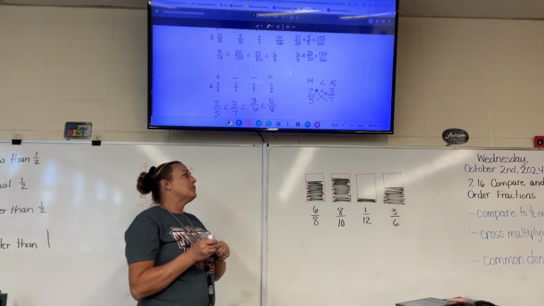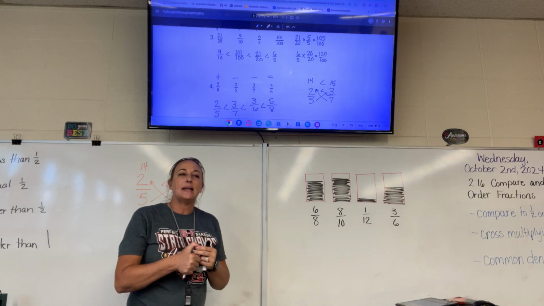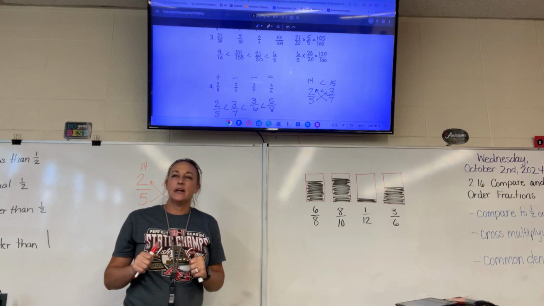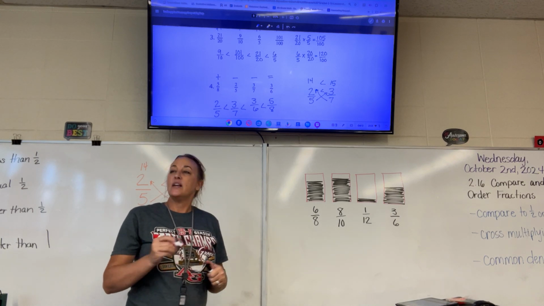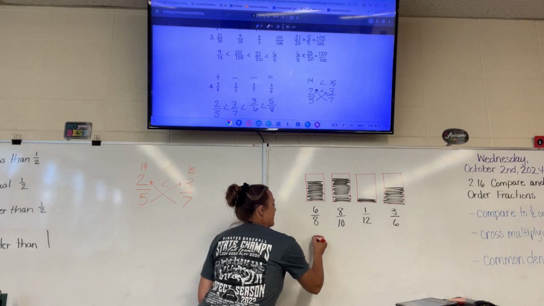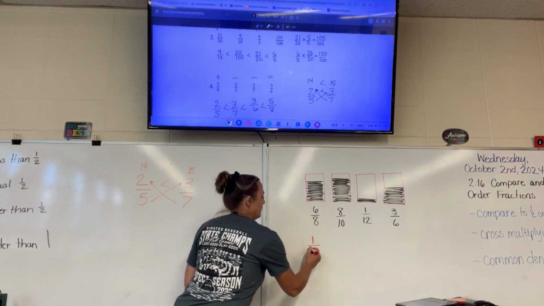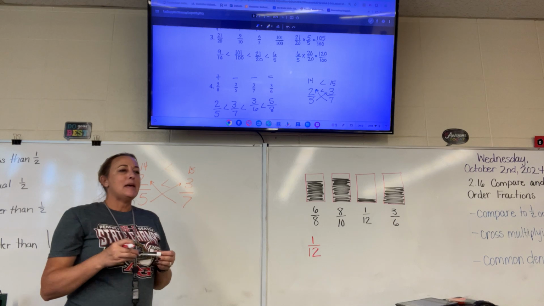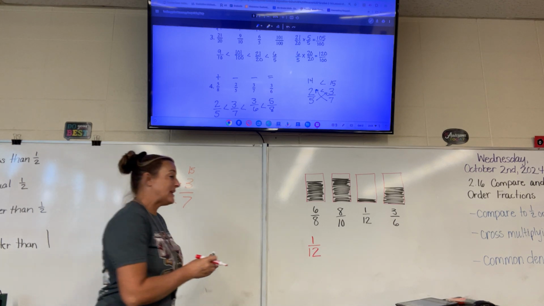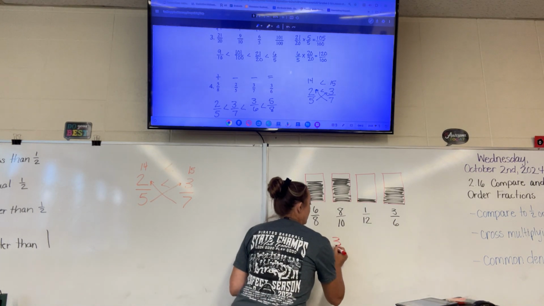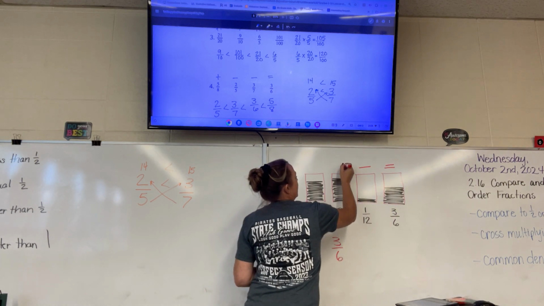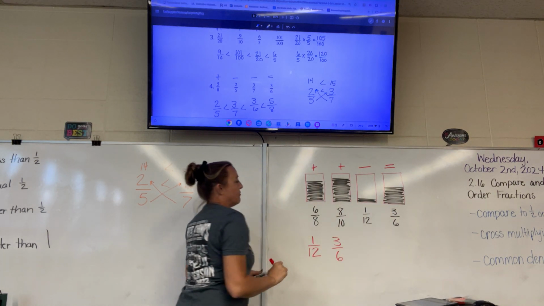If I tell you to put them in order from least to greatest, which goes first? 1/12. That's the least amount of juice, right? And what would be next? 3/6, because that's half full. So this one's less than half, equal to half. These are both greater than half.